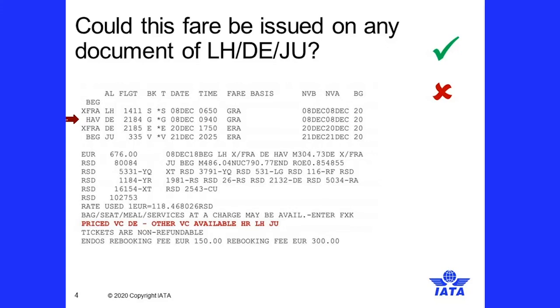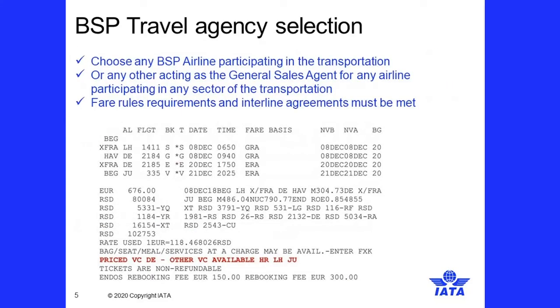Exactly. So what's happening? Actually, by the IATA BSP system, and I think you all know what BSP is, the Billing and Settlement Plan of IATA for all travel agents around the world apart from the United States. This is the way of billing and settlement plan, as the name says, between travel agents and airlines.